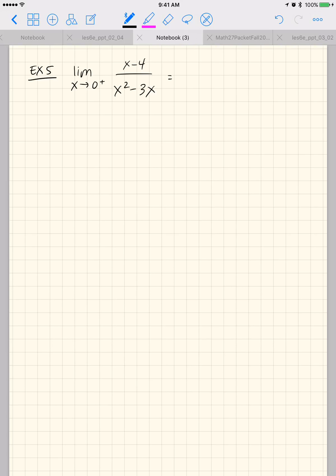Okay, so I'm going to rewrite this as the limit as x approaches 0 from the right of x minus 4 divided by x times x minus 3. So I just factored the denominator.